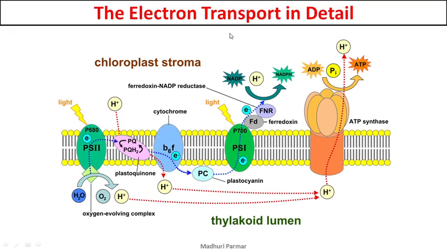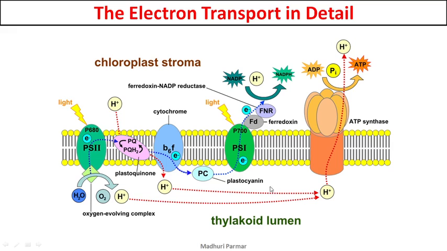A very detailed version of the same thing, how it is happening, just for your information, is how you will be able to see it on a chloroplast, in the thylakoid membrane. This here is the chloroplast stroma, and this here is the lumen.